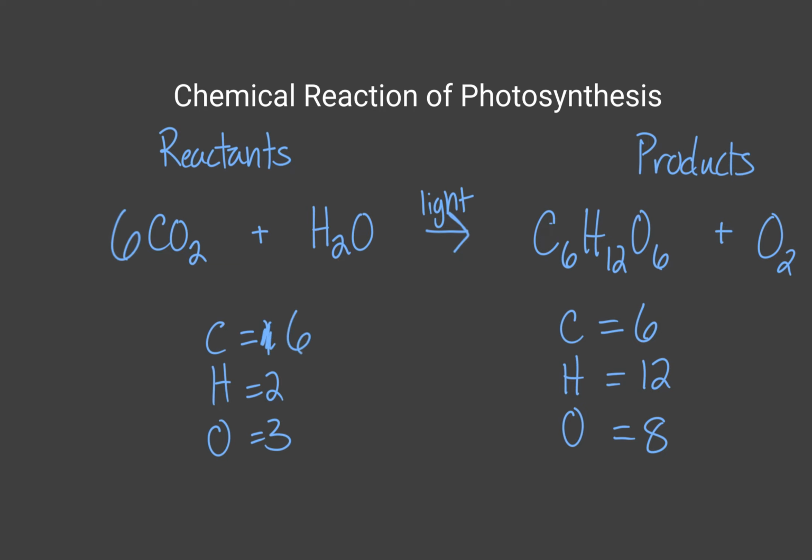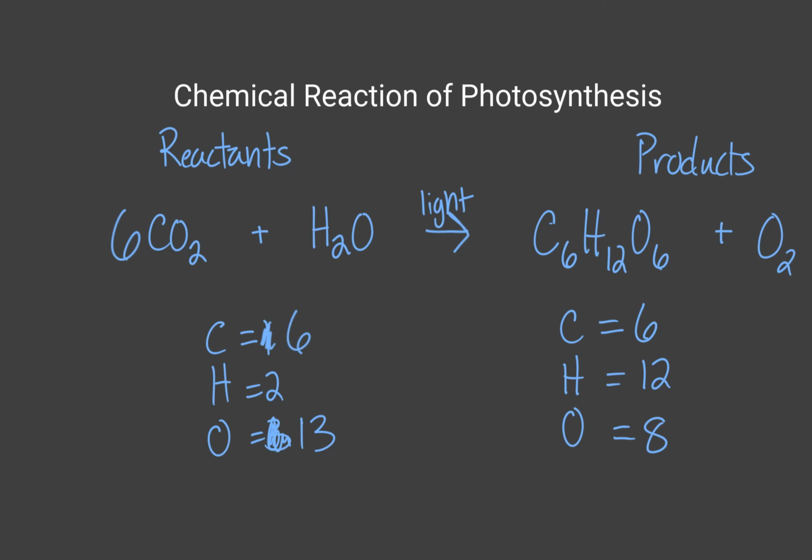We have 6 times 2 oxygen on the carbon dioxide, which brings our total up to 12. And then with the oxygen on water, that brings our total to 13 oxygens, and we still only have 2 hydrogen. So trying to balance out with multiplication, 8 to 13 is going to be a mess. So let's balance hydrogen next and see what happens.